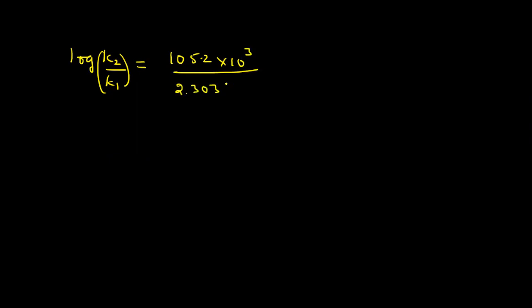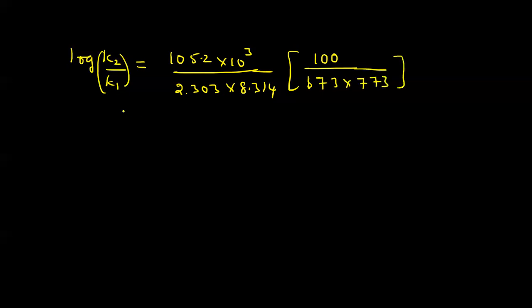As you know, R value is 8.314, into the temperature difference, 773 minus 673, which is 100, divided by the product of the two temperatures, 673 and 773.